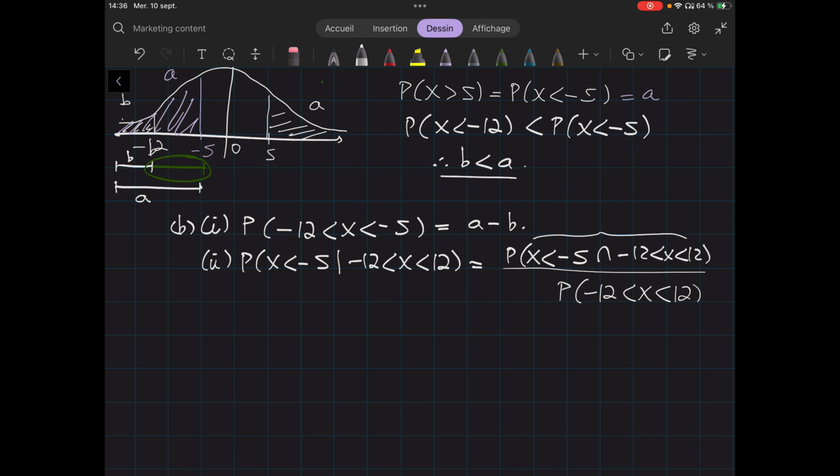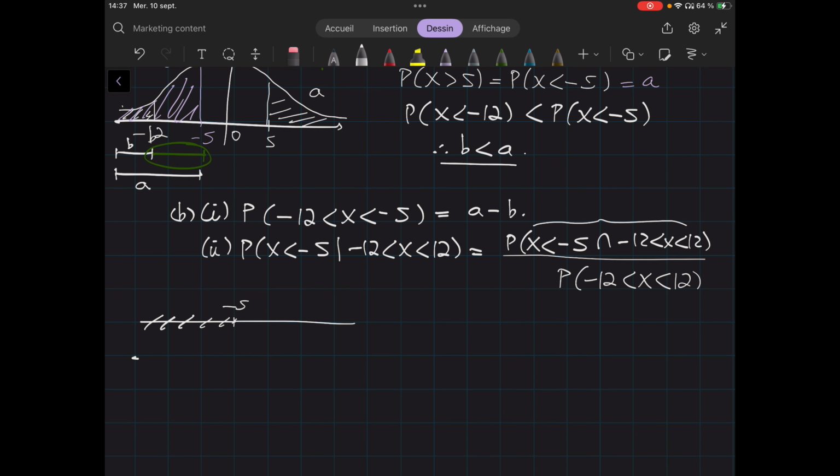We need to find all the values of x that are less than negative 5, but also has to be between negative 12 and 12. This means that the part that we are truly interested in is this tiny portion in between. So this can be simplified to p of negative 12 less than x less than negative 5.